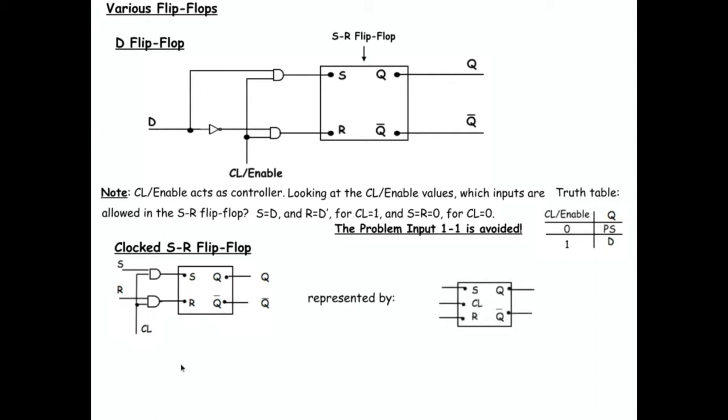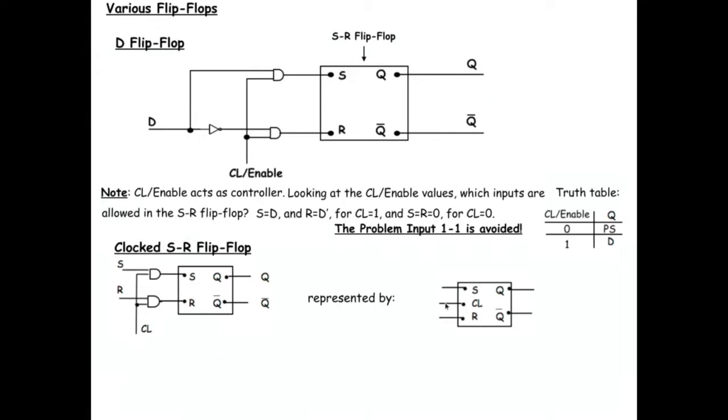Now that we have this more or less equivalent diagram, I'm going to take these two AND gates. So I have S, R, clock, and then there is one splitter and two AND gates. I'm just going to push that into the circuit, from the left into the black box.